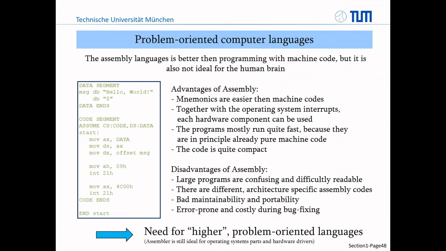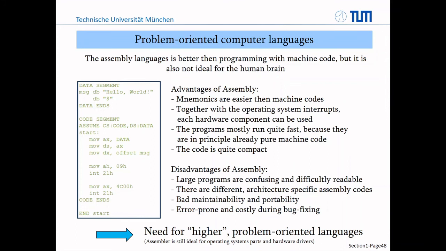The programs become large. And they are often confusing and difficult because, for example, you have a lot of jumps. If you want to repeat things, you have to jump back to a previous line counter or command counter, things like that. So it's difficult to understand what happens there. The architecture is very different.